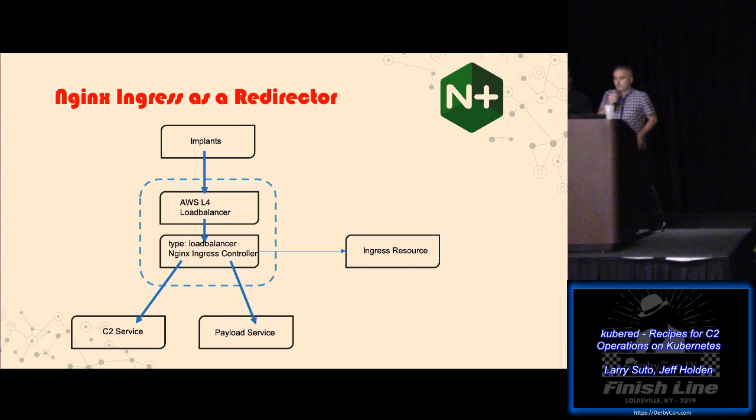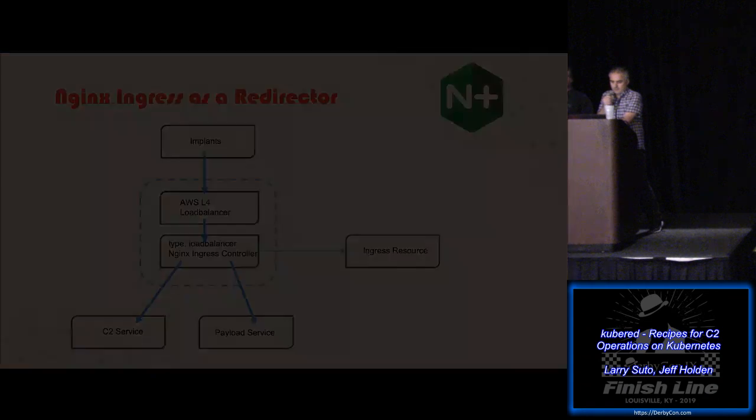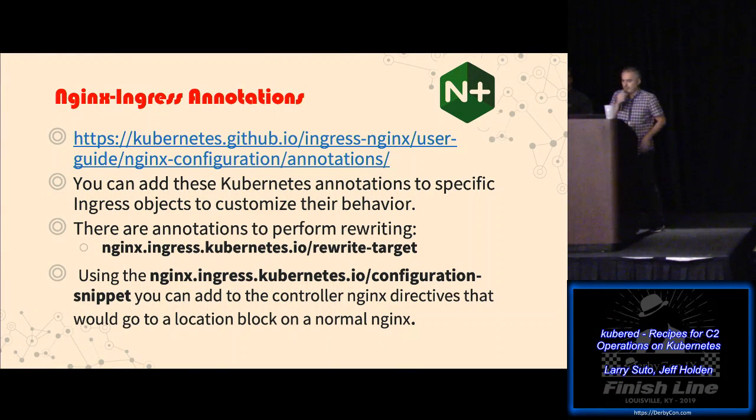You have your implants, you have your load balancer, you have the Nginx ingress controller, which when you install it, automatically creates the load balancer, and then the ingress resource is where you can configure the routing and the filtering, and whatever redirection you're doing. Then that's your back end, your C2 server, team server, and if you have a payload dropper or phishing server, you can route to that as needed.